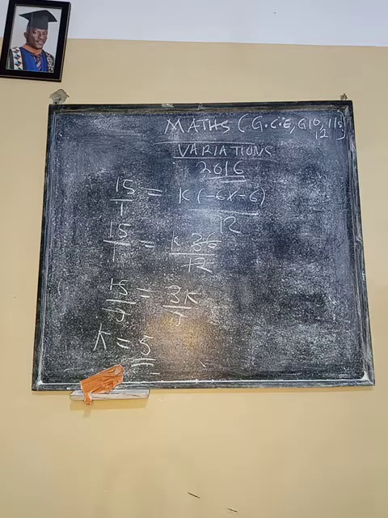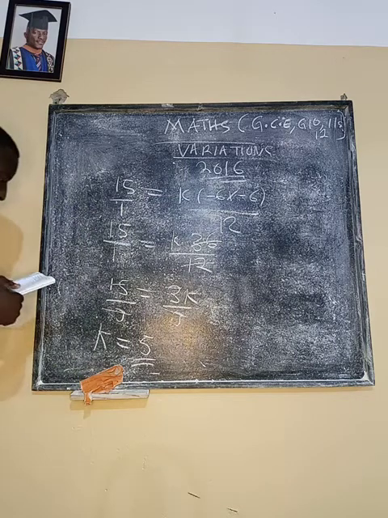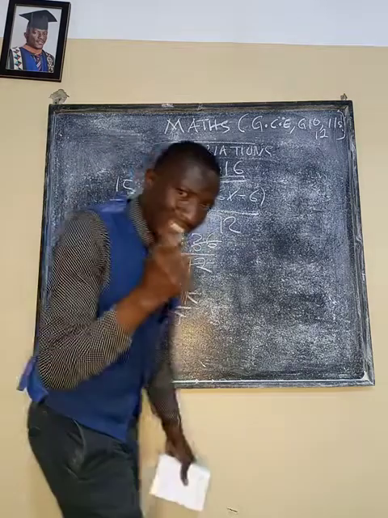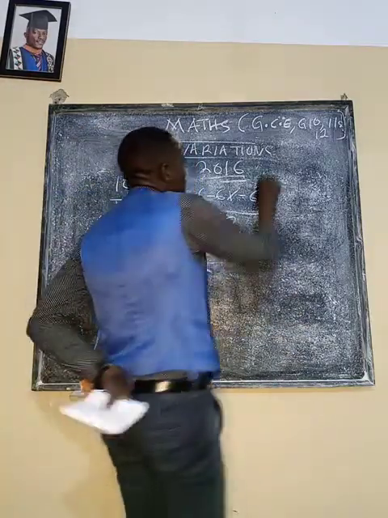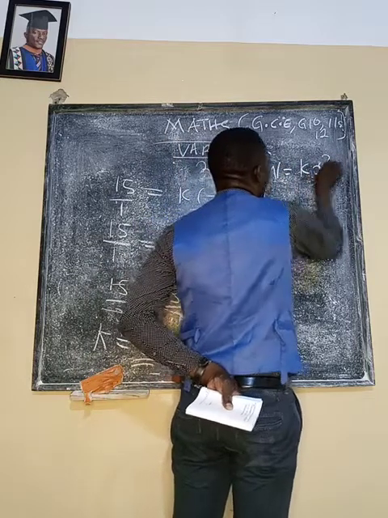Find the value of Y when X is equal to 8 and W is equal to 20. Always remember, the equation is what is important under variations. Your first equation was W is equal to K X squared over what?